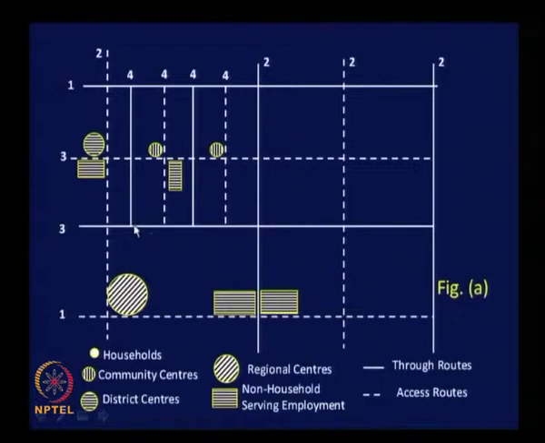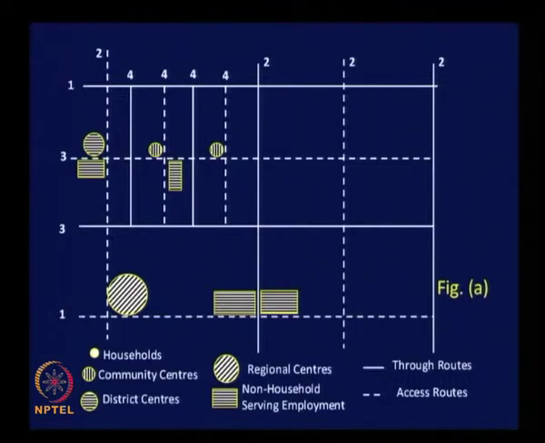Look at type 2 category of roads. You have a dotted line. This is type 2 access route. This is type 2 through route, type 2 access route, type 2 through route. What do we do here? We are placing a route which is in the next level in the hierarchy at right angles to the adjoining road in the hierarchy.